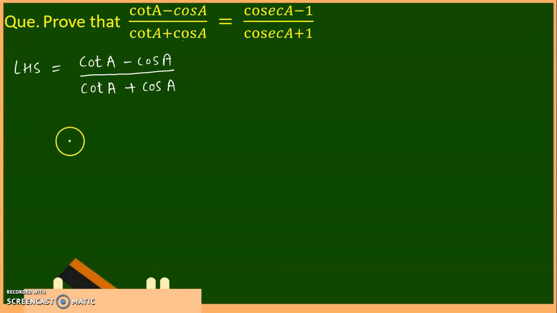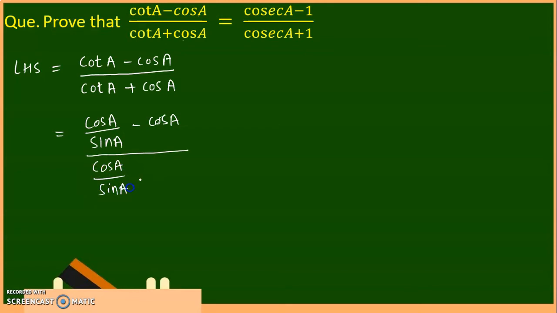So if you convert this cot in the form of sine and cos, we can write cot A as the ratio of cos A and sine A, minus cos A, take it as it is. Here in the denominator also we can write this cot A as cos A divided by sine A plus this cos A as it is. Now from the numerator, from those two terms we can take cos A common.